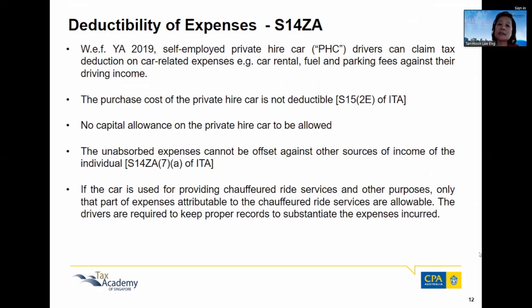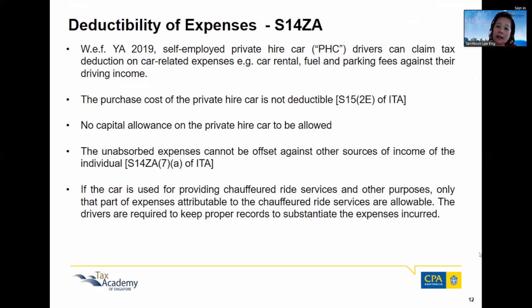Then, if this private hire car driver claims actual expenses, and the expenses are more than the income, there's a loss. This loss cannot offset his other income, like his employment income, should he have a loss in respect of his private hire car earnings.